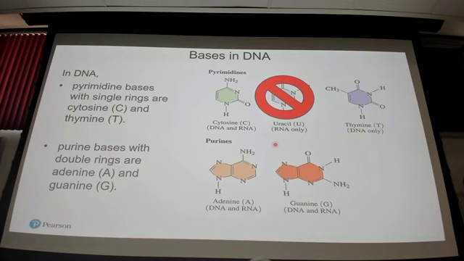So in DNA, the pyrimidine bases include cytosine, shown here in green, and thymine, here this blue color. Those are the pyrimidines, or the single cyclic ring. The double cyclic rings are adenine and guanine, and these bases are found in DNA.